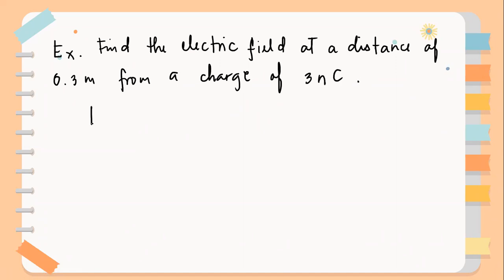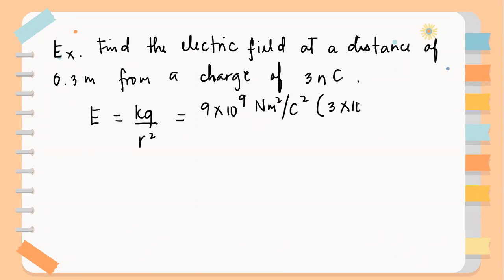Okay, remember the formula E is equal to KQ over R squared, where K now is 9 times 10 to the 9 newton meter squared per coulomb squared times the charge of 3 times 10 to the negative 9 over R, which is 0.3 meter squared.